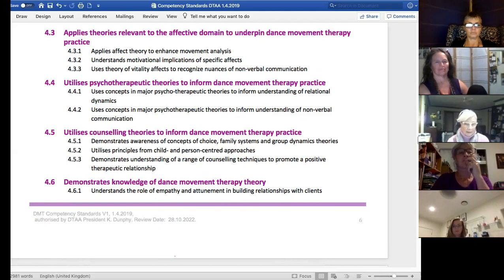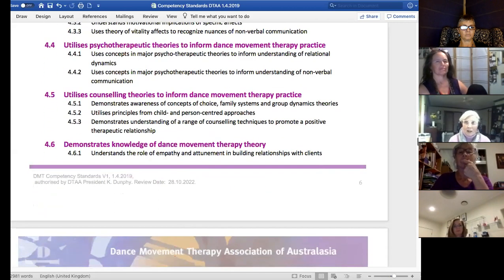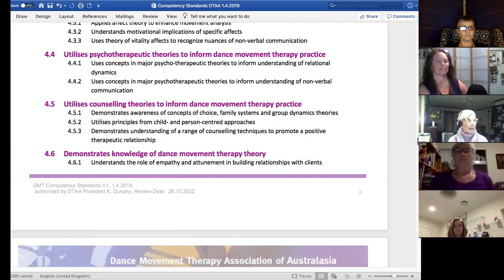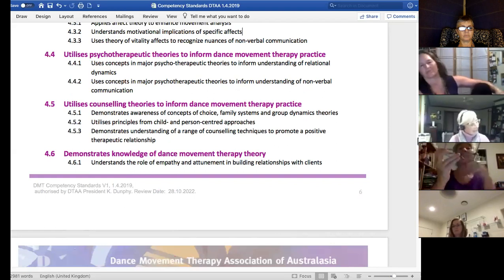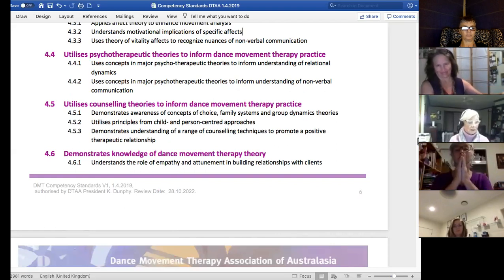The fourth one is about psychotherapeutic theories, which may help the dance therapist understand relational dynamics as well as nonverbal communication. But we're not specifying whether it needs to be Freud, Jung, Klein, or CBT. They just have to be able to explain or provide an understanding of relational dynamics and nonverbal communication.